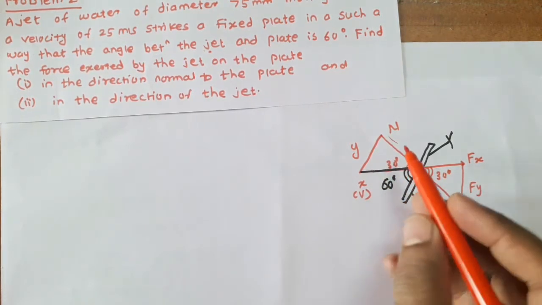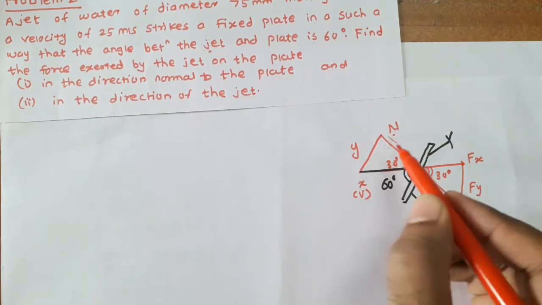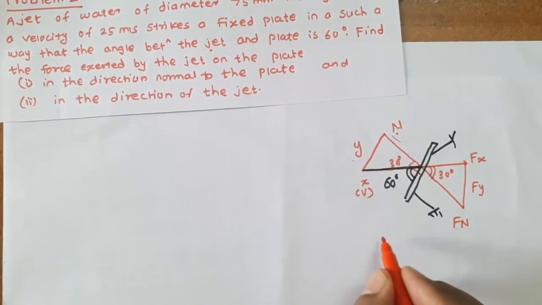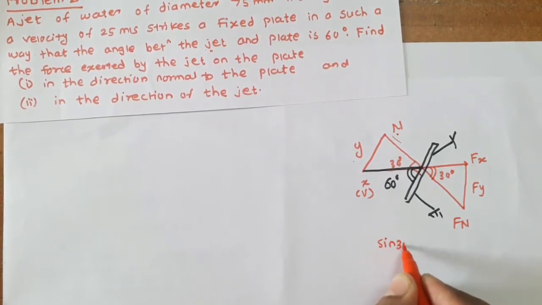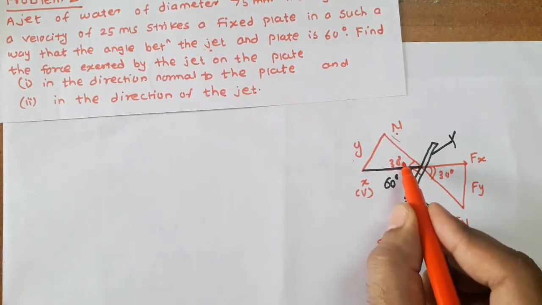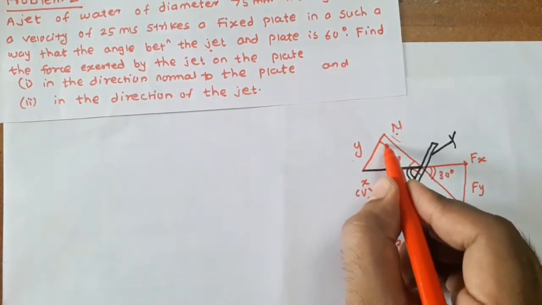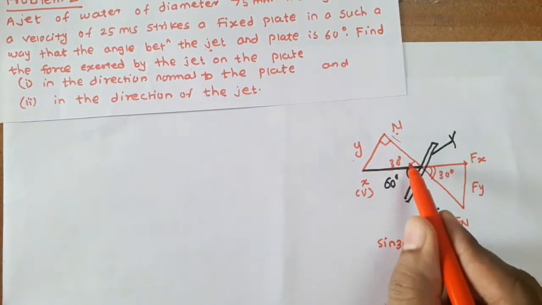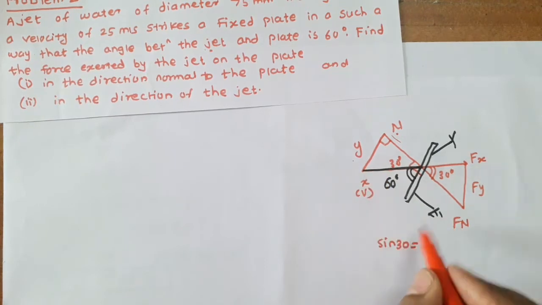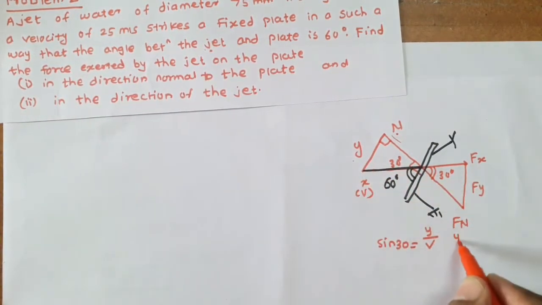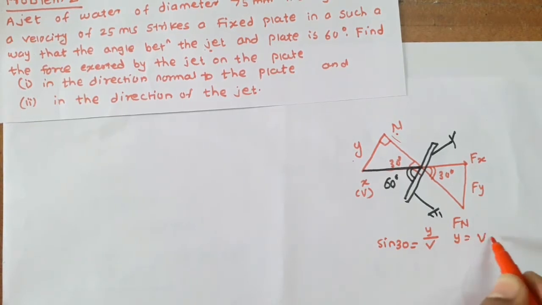First of all, find out the normal direction velocity component and the y direction velocity component. Apply sine 30 for the velocity triangle. Sine 30 is the front side y upon v, where v is the hypotenuse, since it is a right angle. So y is equal to v sin 30.